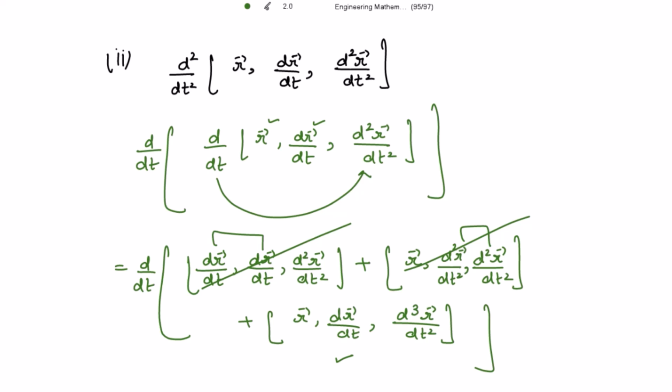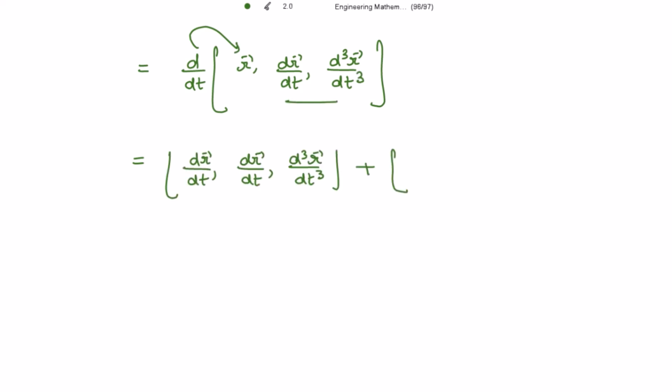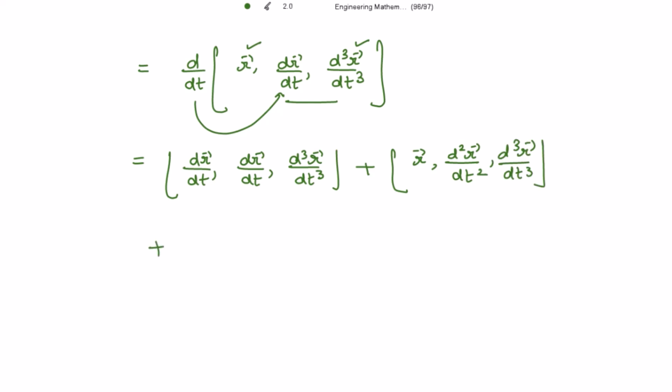So we need to differentiate only this vector again. So taking the derivative of the third term, again differentiating the first one, writing these two as they are, plus writing first and third one as they are and taking the derivative of the second. So it's the double derivative of r with respect to t, and then writing these two as they are, and we need to take the derivative of the third one.